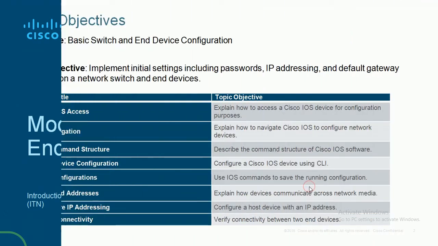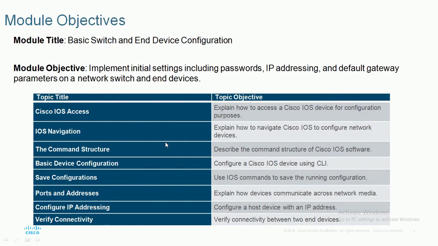So the main objectives are, first of all, we need to configure any network device or intermediate device. Means we are not going to configure the device, we are going to configure the operating system which is present inside the network device. That is nothing but IOS, that is internetwork operating system.